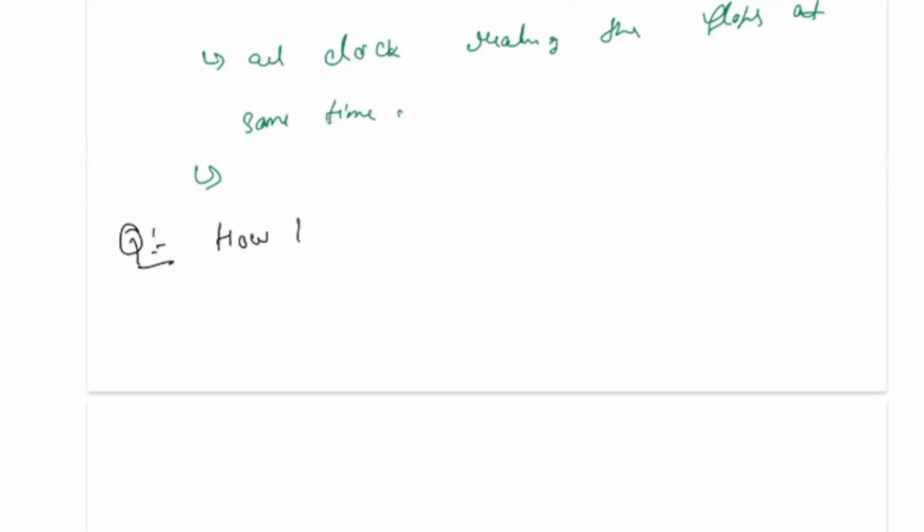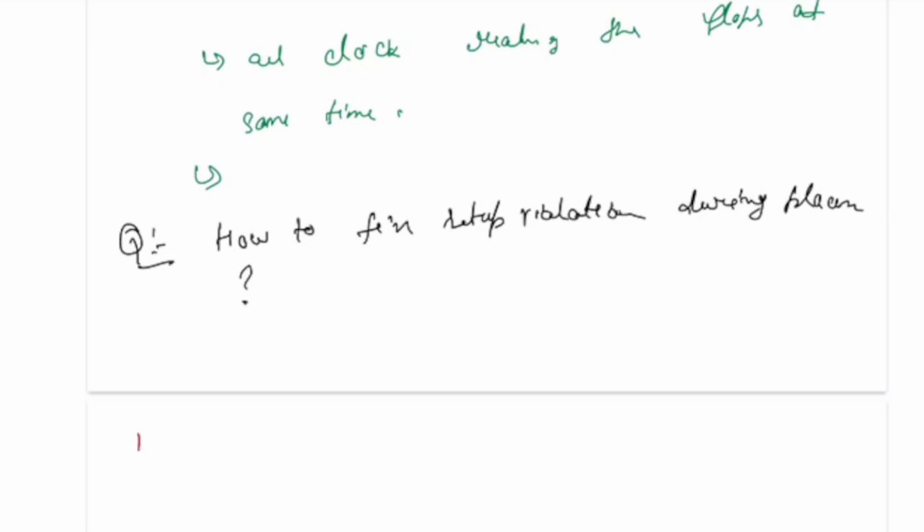How do you fix setup violation during the placement stage? If we see a setup violation in the placement stage, how will you fix it? The first method is creating bounds.